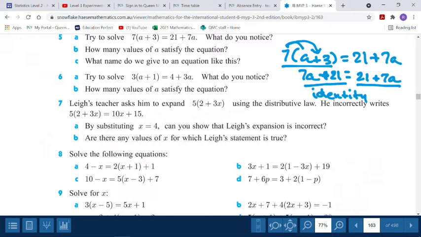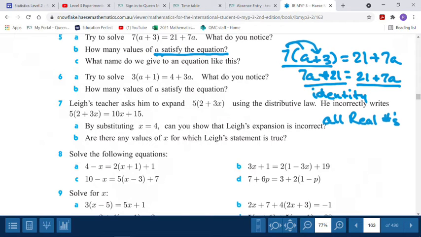And what is the solution set for this particular thing? All real numbers. In other words, there is no number that would not make that sentence true. It wouldn't matter what you put in place of a, it would make that sentence true no matter what. That's how you recognize it. So how many values of a satisfy the equation?